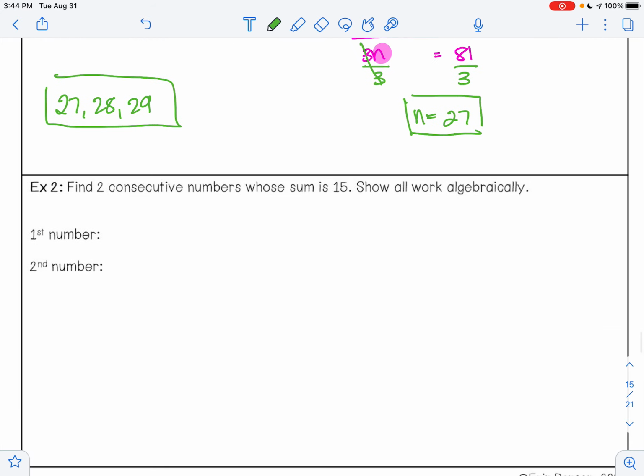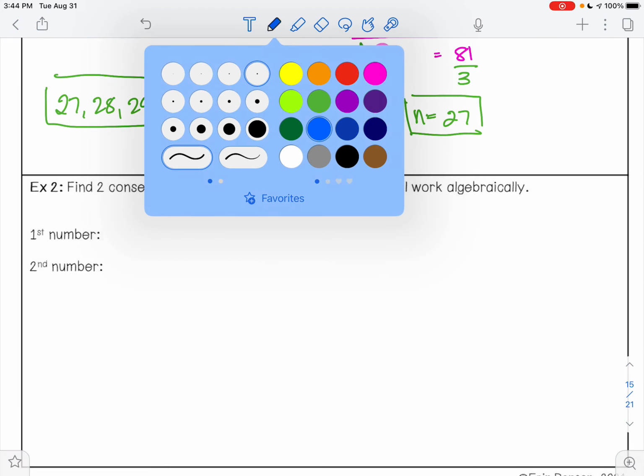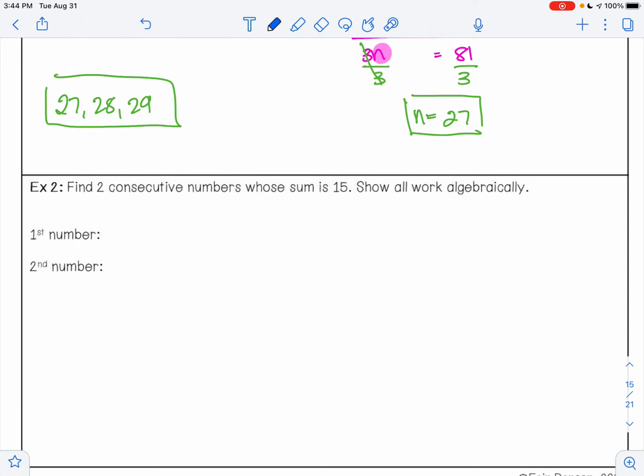Example 2. Find two consecutive numbers whose sum is 15. Show all work algebraically. So I'm going to have the first number plus the second number. I know I'm adding because of the sum. And I know when I add them together, I get 15.